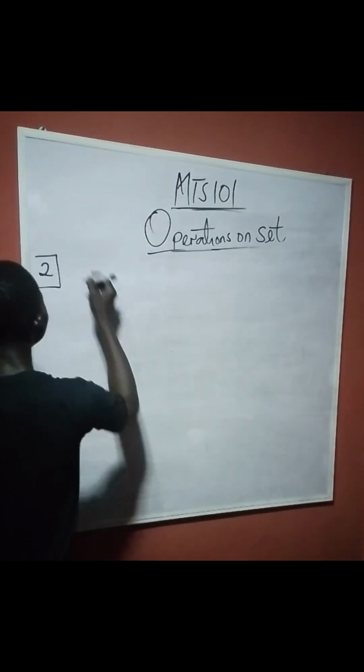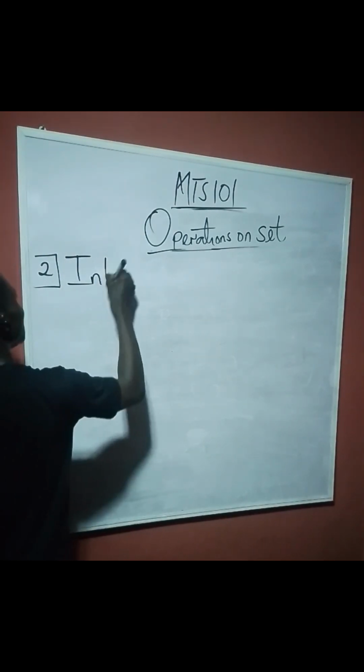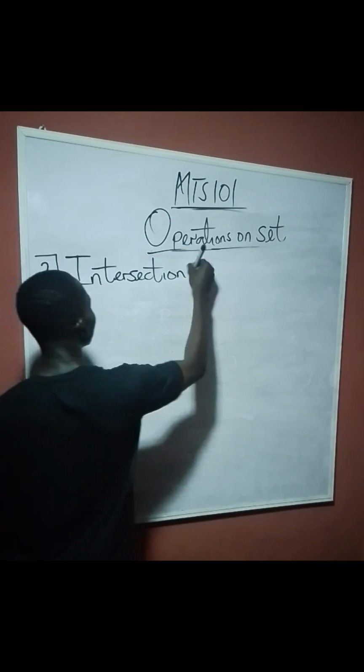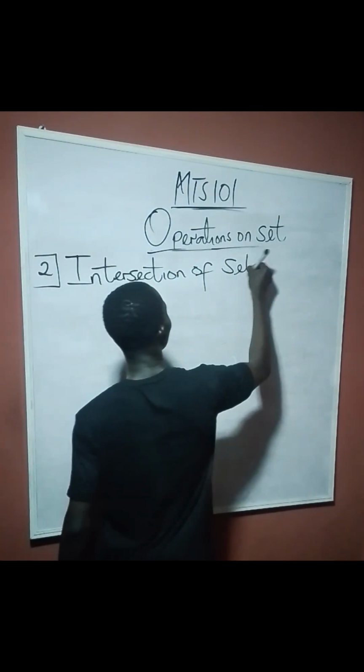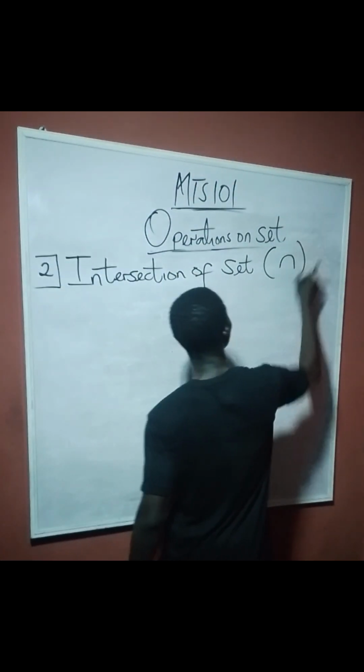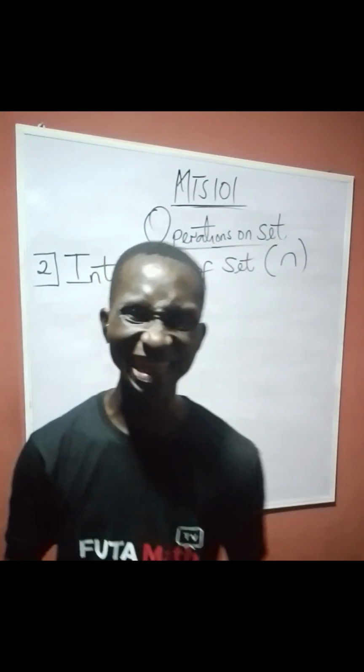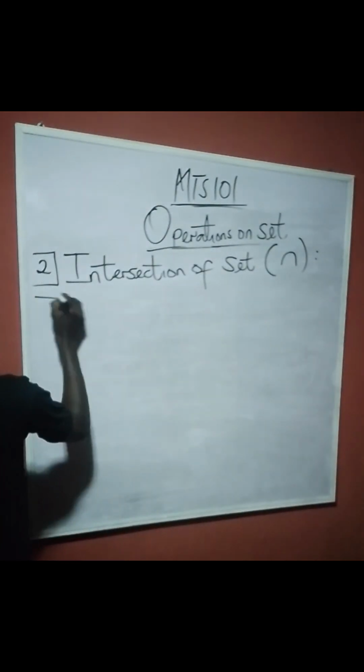Now the next one we're moving to is intersection of sets. This is the symbol. This symbol implies intersection. When you see the symbol like N, it implies what? Intersection. Now what is intersection?